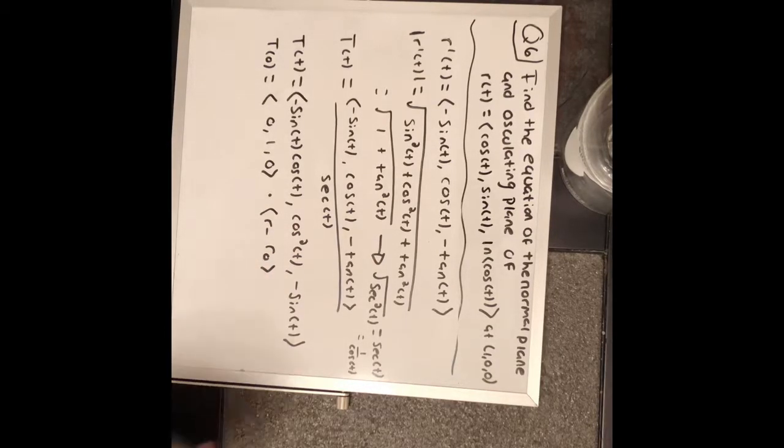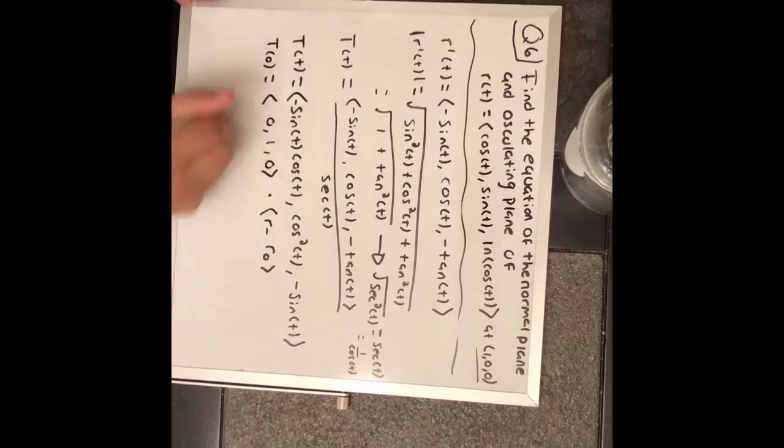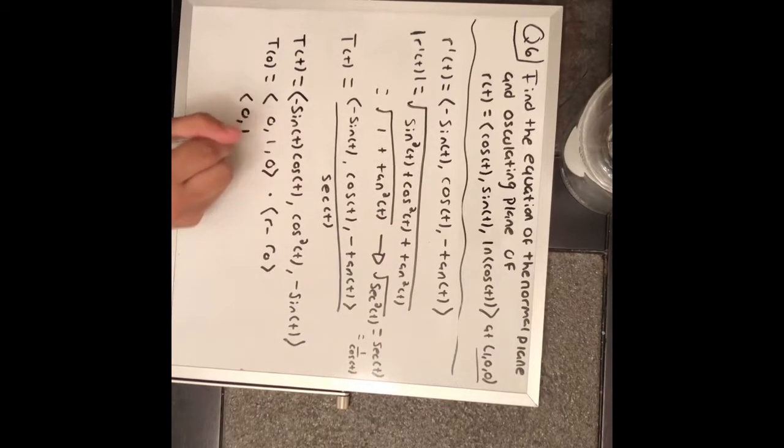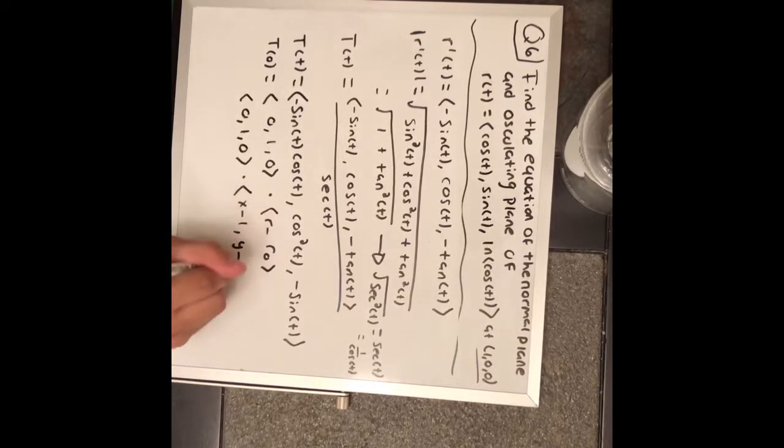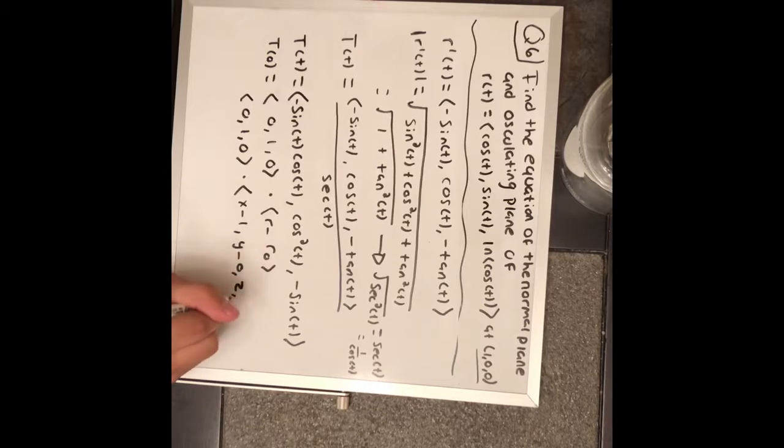Our r naught is this point right here, so we can rewrite this as (0, 1, 0) dot (x minus 1, y minus 0, z minus 0). Now we just do the dot product.